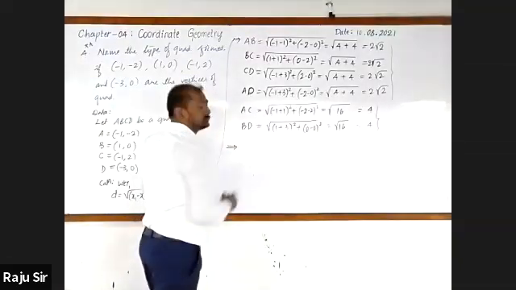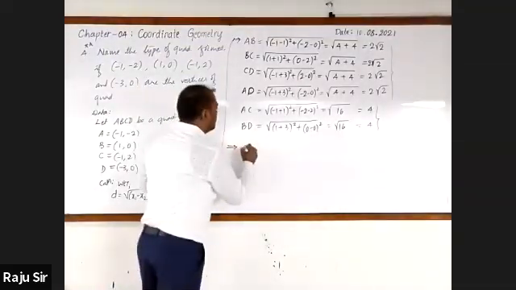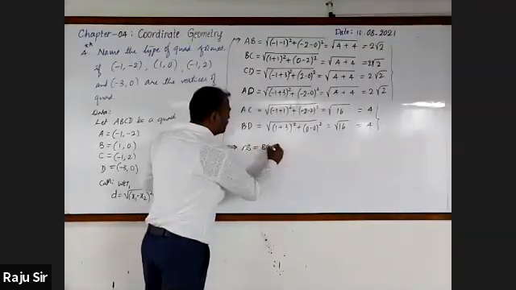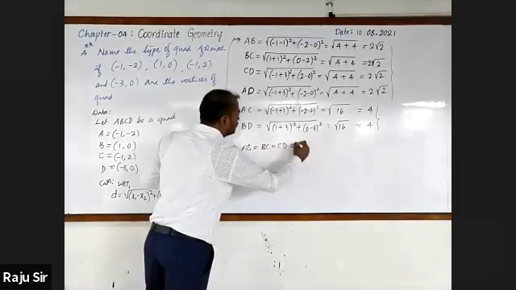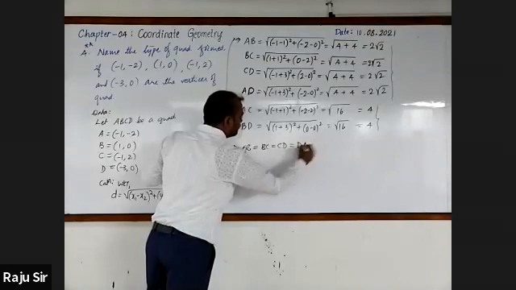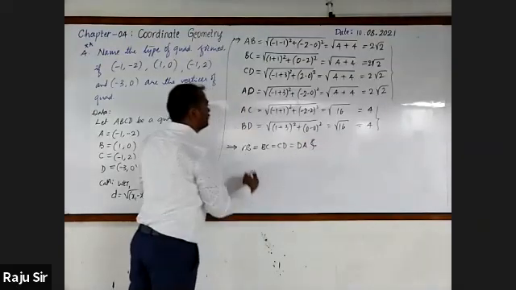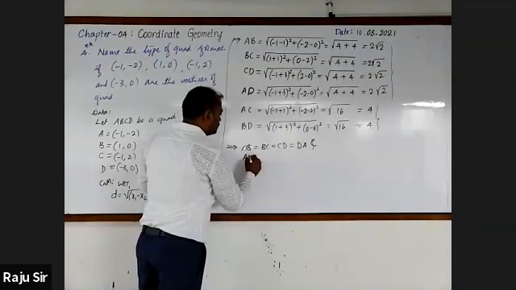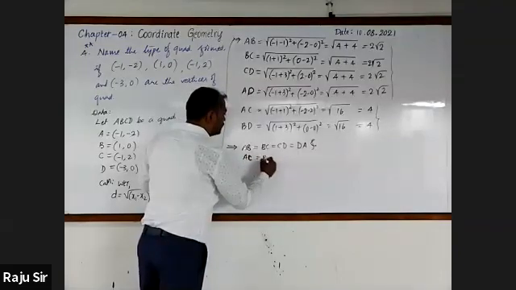AB equals BC equals CD equals DA, and AC equals BD.